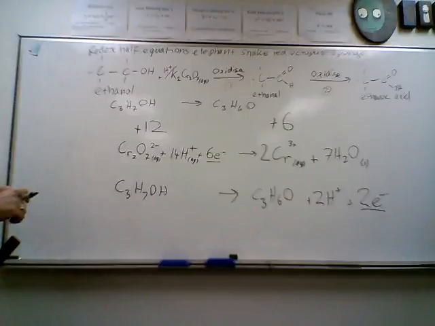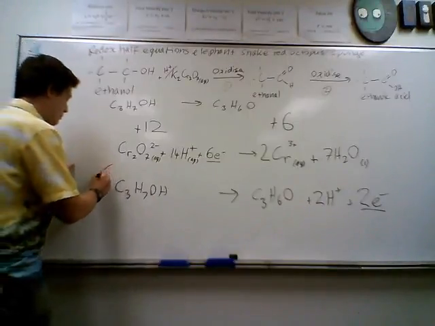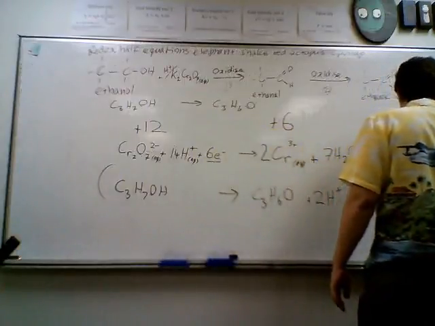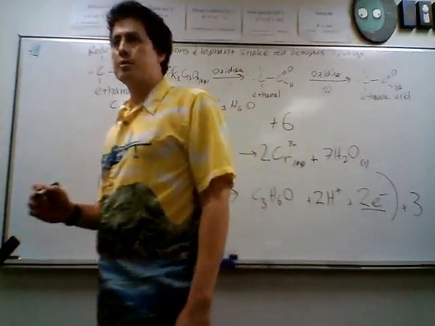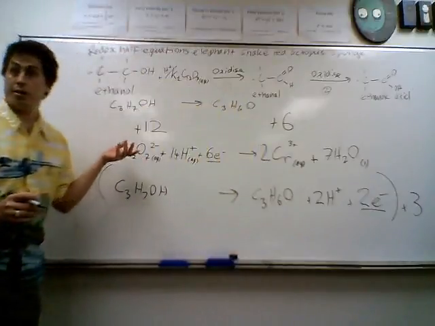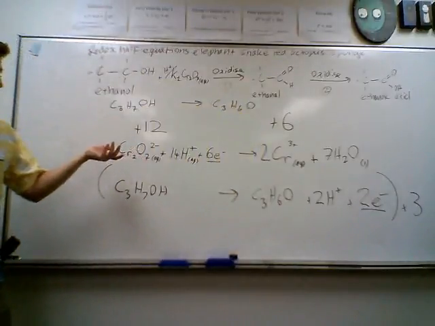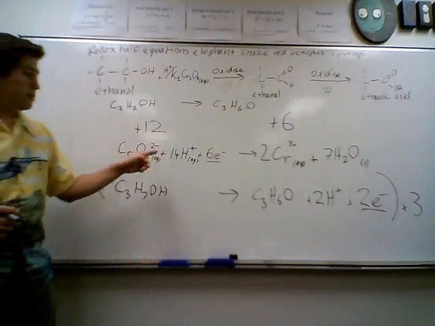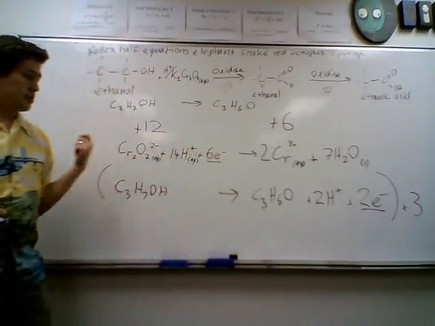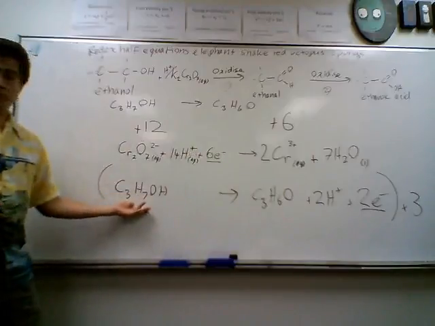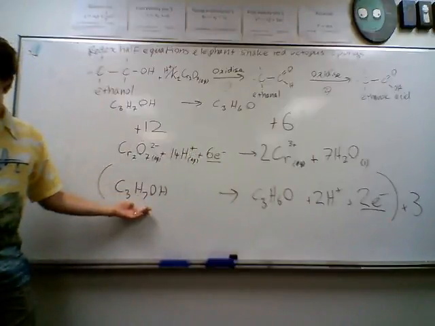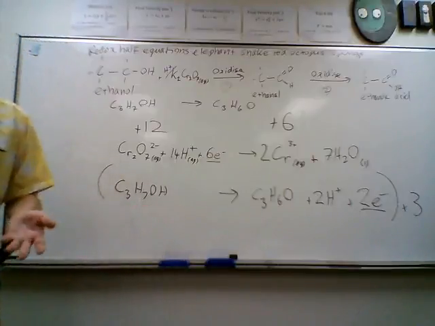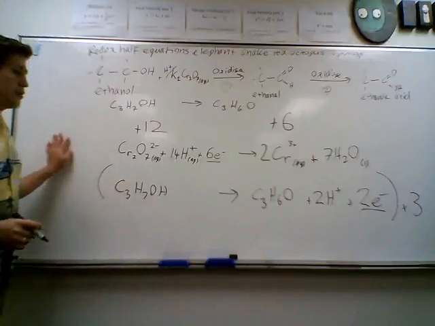You simply put brackets around the outside and times it by 3. Now it will balance. Every dichromate is able to oxidize 3 primary alcohols, because it's going to strip 6 electrons, and it will do that from 3 of these. It's actually a quite complex several-step process, but we don't go through the minutiae of those steps. We simply smash these half equations together.